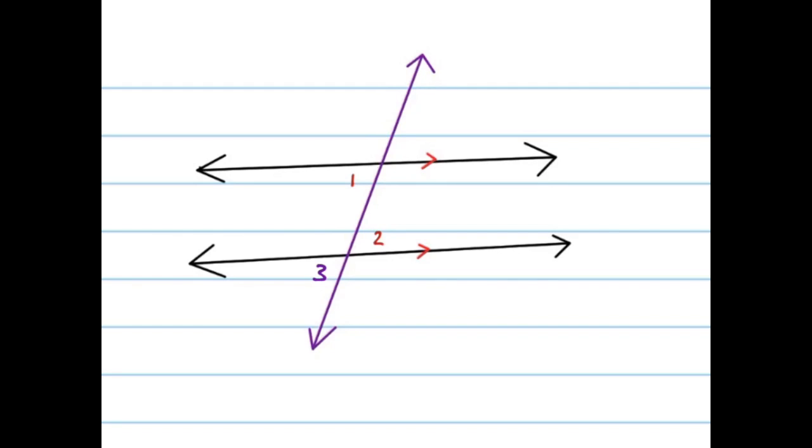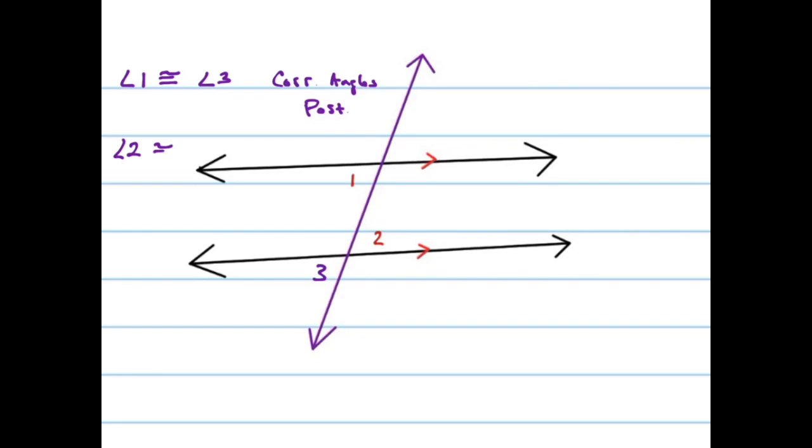So angle 1 and angle 3 are corresponding, right? So if angle 1 and angle 3 are corresponding, what do we know? They're congruent. That's the corresponding angles postulate. I'm just kind of writing a bit of an outline here. All right, what do I know about angle 2 and angle 3?